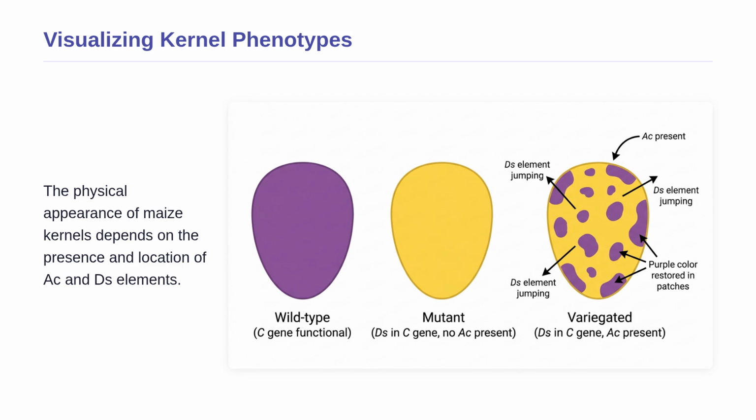And because there is no AC element present, it is permanently stuck. Finally, on the right, we have the variegated, or spotted kernel. Here, the DS element is in the color gene, but an AC element is also present elsewhere in the cell. The AC element produces transposase, allowing the DS element to jump out in certain cells during development, restoring the purple color in those specific patches.